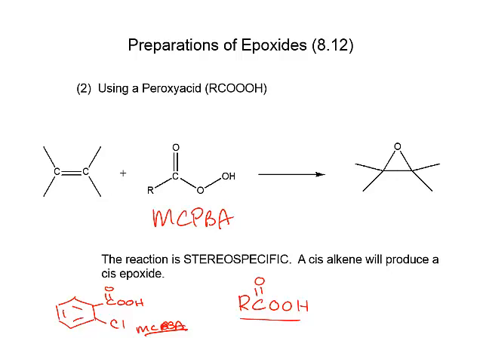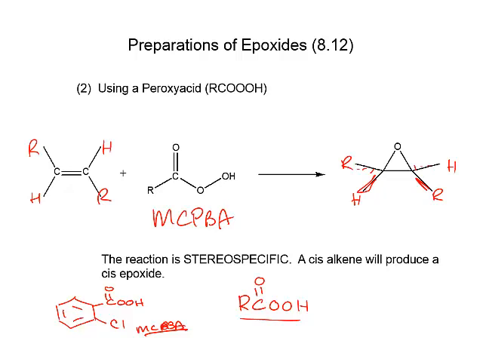So there's MCPBA. We're not going to talk about the mechanism of this other than to say this. The oxygen gets added directly to both carbons at the same time. So if you think about MCPBA, it's like a Br+. It sits right on top of the double bond, and both bonds are formed at the same time. And what that means is, if I had, for instance, the trans alkene, that over here, the 2 R groups would be trans.